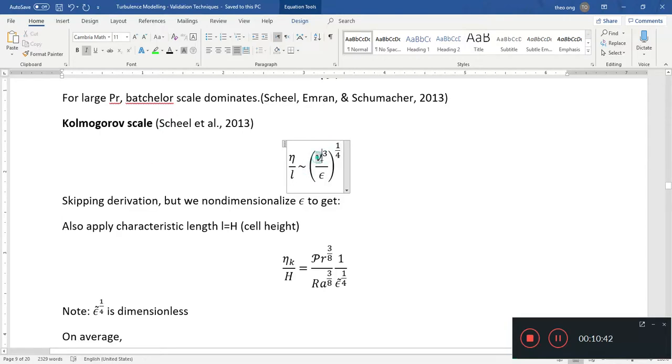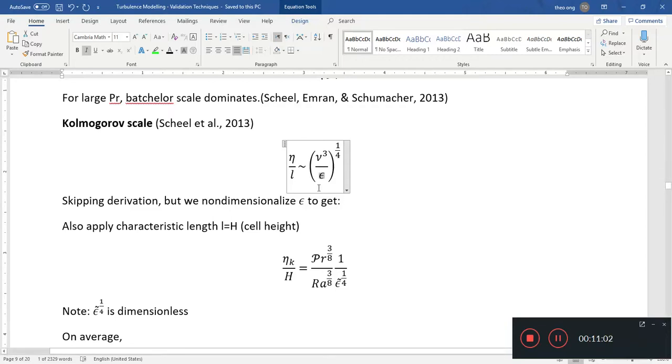So of course you have kinematic viscosity, but what is interesting is that we have this dissipation rate, and the dissipation rate in these eddies is described by some derivatives, some strain rates, et cetera. I'm not going to do that here.